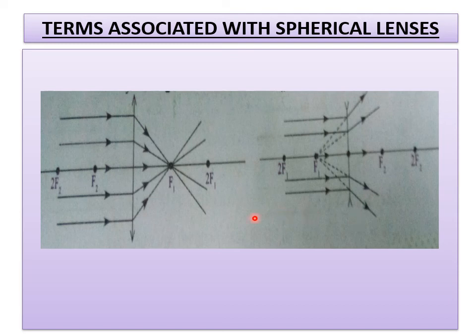And one more point: F is the halfway distance between the optic center P and the center of curvature. The centers of curvature I already told you are C1 and C2, as I started the lesson with that in today's class. So this is 2F1, and 2F1 is represented with C1.